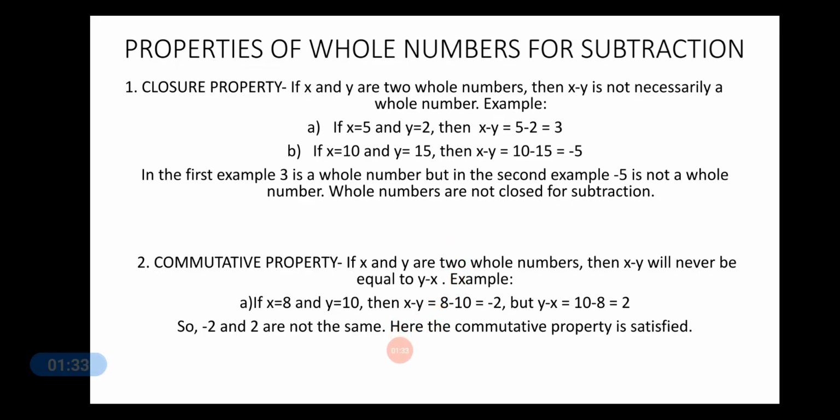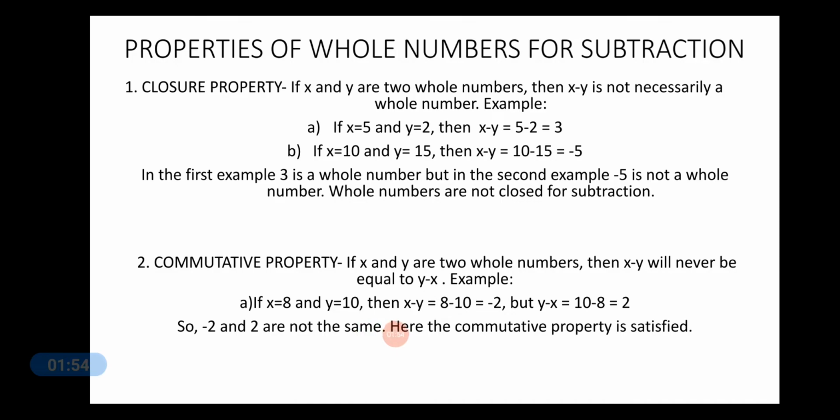Commutative property. If x and y are two whole numbers, then x minus y will never be equal to y minus x. Understand this example. The value of x is 8 and the value of y is 10.